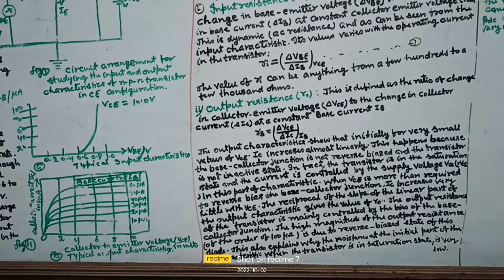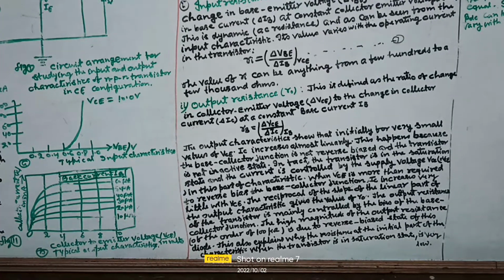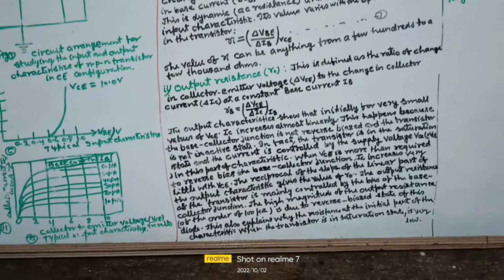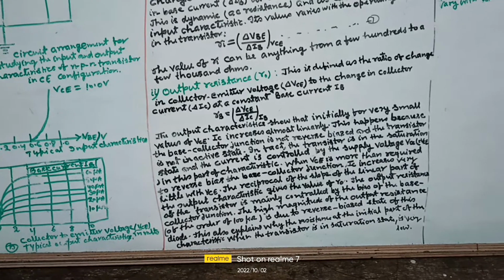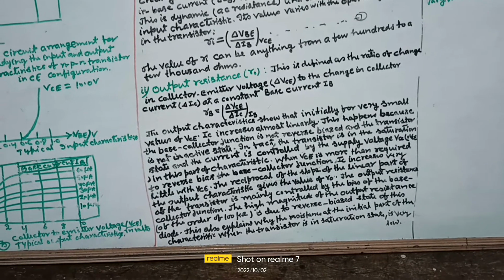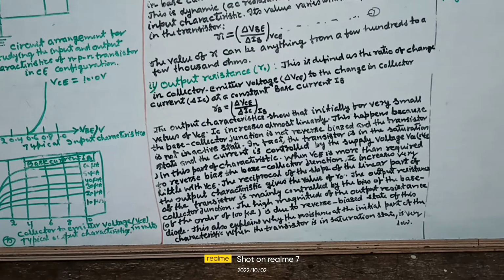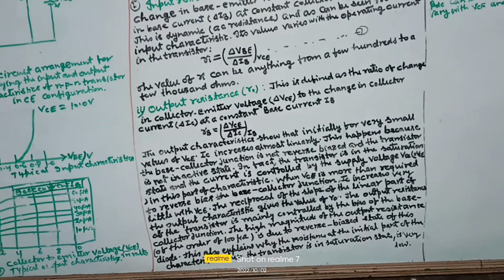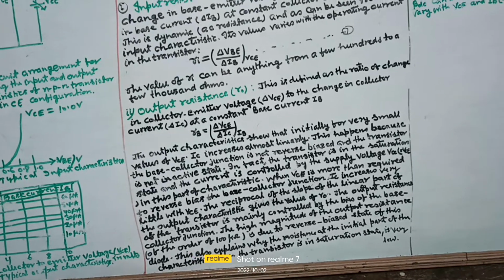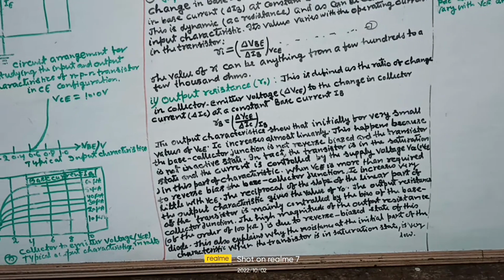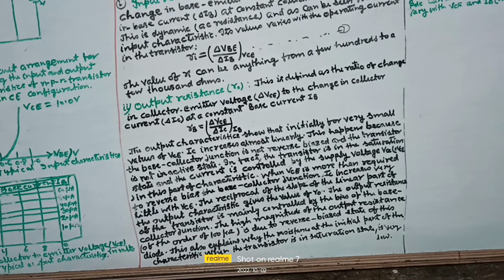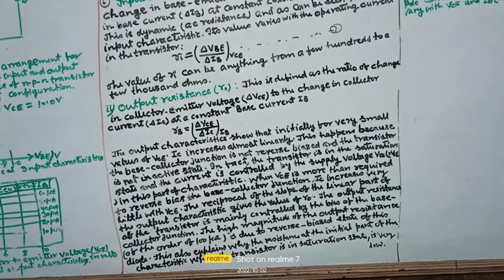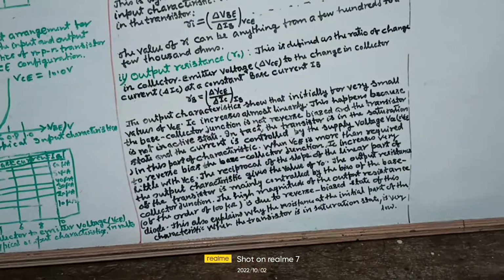The output characteristics show that initially, for very small values of VCE, IC increases almost linearly. This happens because the base collector junction is not reverse biased and the transistor is not in the active state. In fact, the transistor is in the saturation state and the current is controlled by the supply voltage VCC. In this part of the characteristics, when VCE is more than required to reverse bias the base collector junction, IC increases very little with VCE.